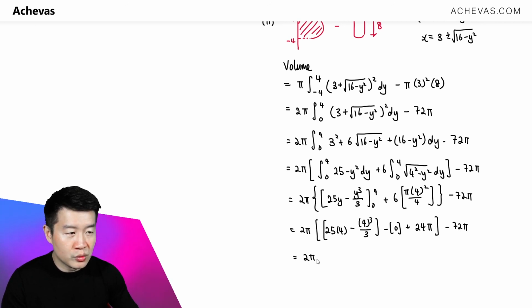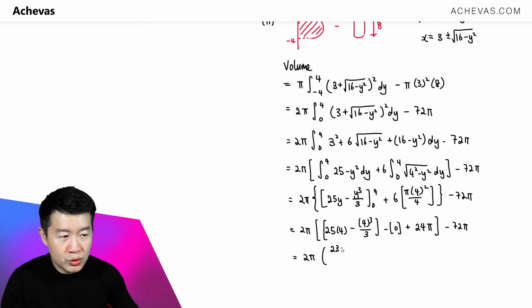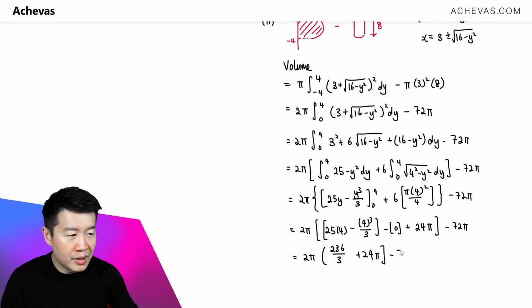And this is going to be equal to 2 pi times 236 over 3, then after that plus 24 pi minus 72 pi. And evaluating this further, I will get my final answer as 256 over 3 pi, and this plus 48 pi squared.